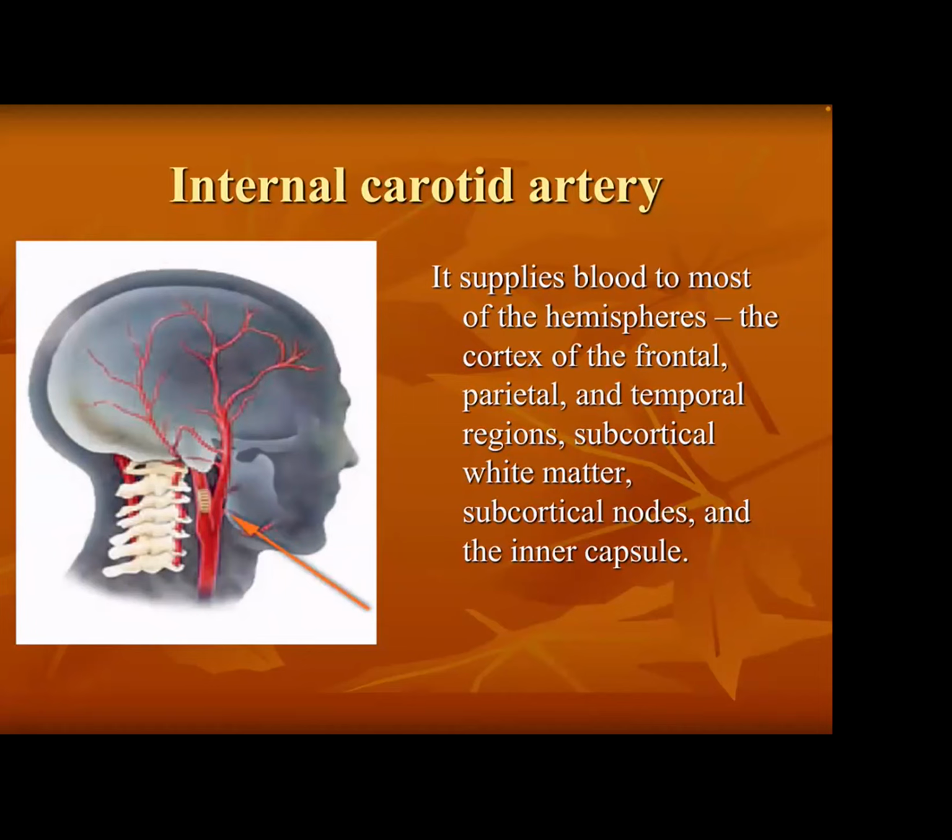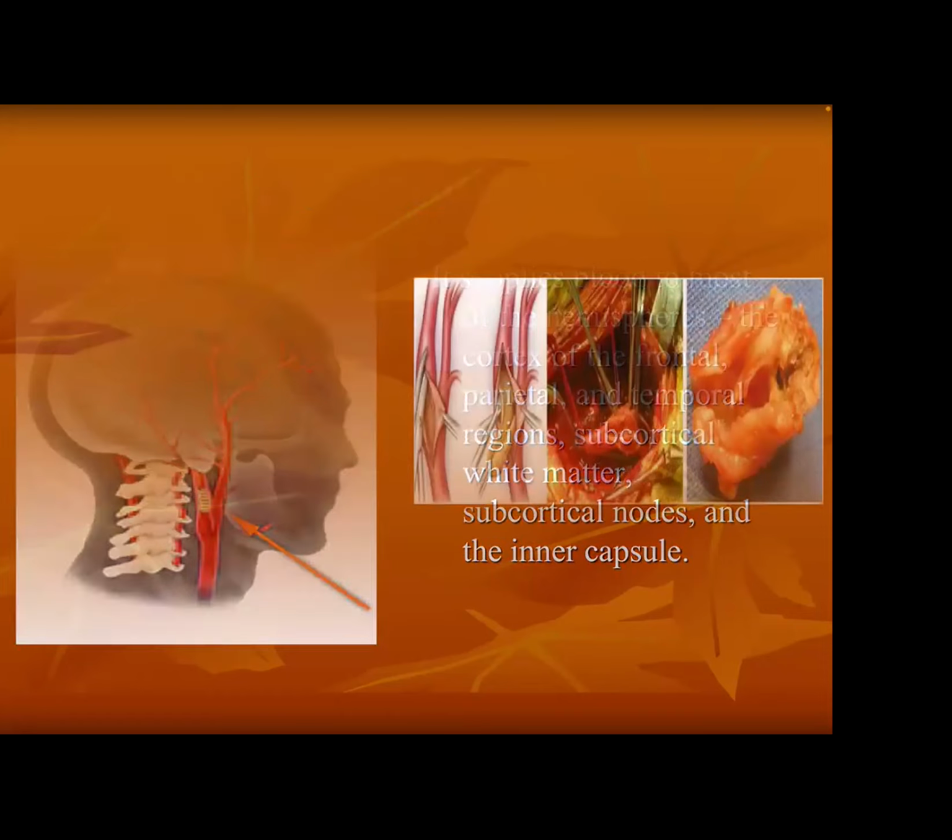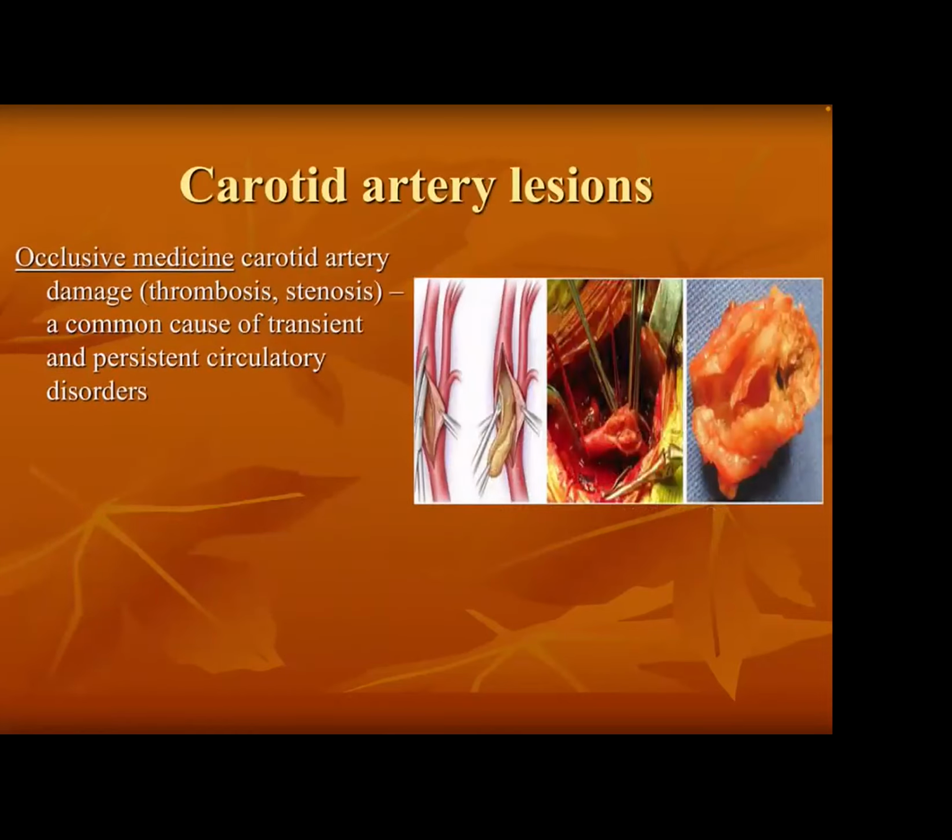The internal carotid artery supplies blood to most of the hemispheres: the cortex of the frontal, parietal, and temporal regions, subcortical white matter, subcortical nodes, and the internal capsule.